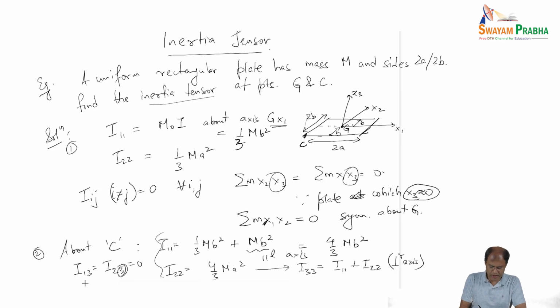And finally, we expect that I12 is not 0, because there is no symmetry about C. We can find this specifically by using the formula summation m x1 x2, which becomes the integral of x1 x2 dm, and eventually we get that this is equal to m times ab. So I12 is non-zero.